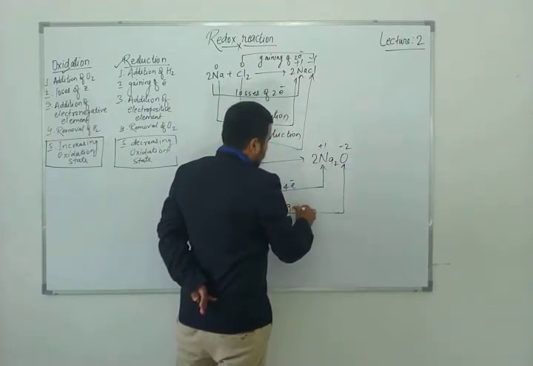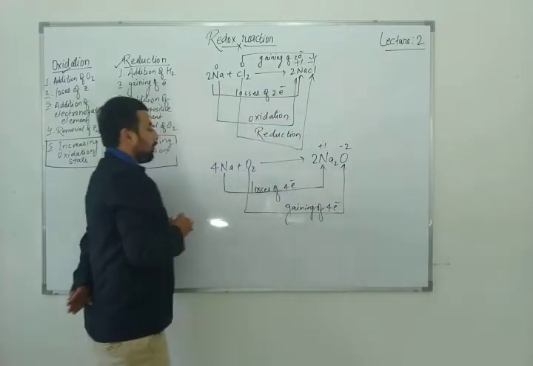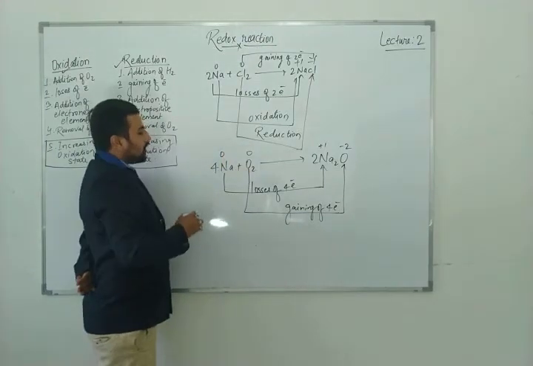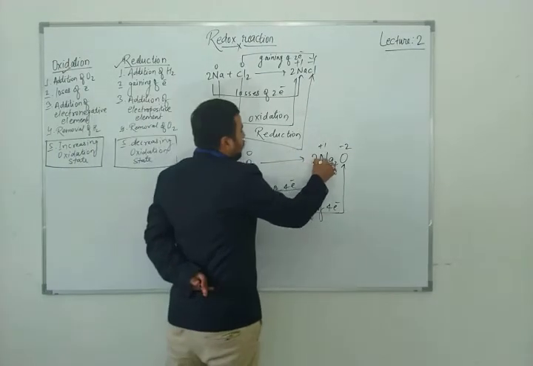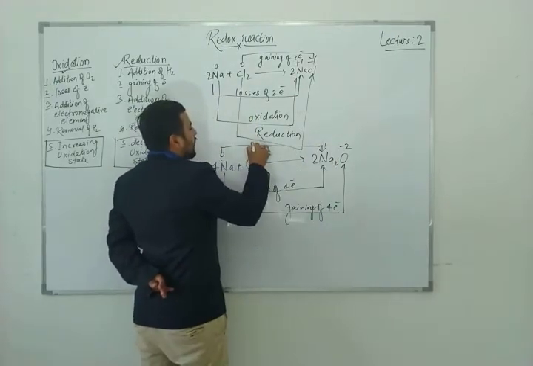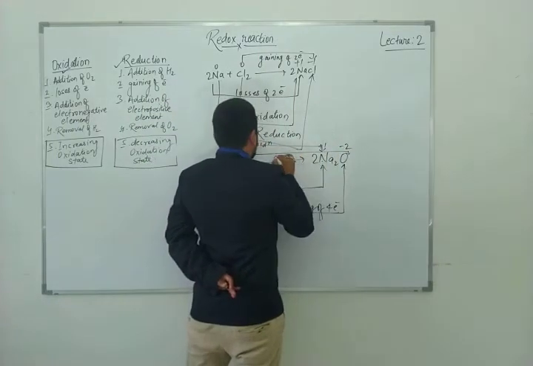Now you can see here both the elements are existing in zero oxidation state. From 0 to +1 is oxidation, and 0 to -2 is reduction.